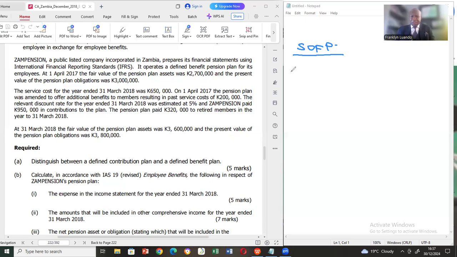So what will be the pension obligation at year-end?